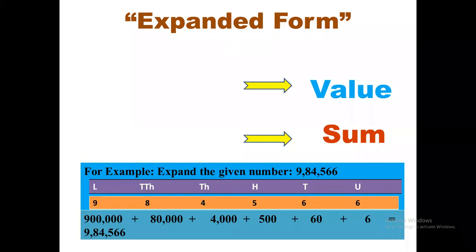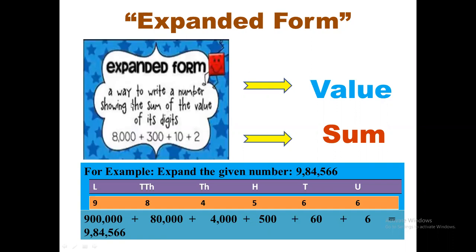Okay, next we have the expanded form. You have already learned it in your previous classes, but let me show you one definition over here, that how you are going to expand the number. Over here they are saying expanded form is a way to write a number showing the sum of the value of its digits.